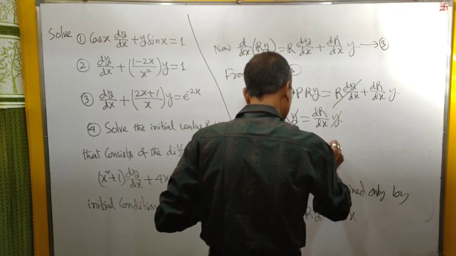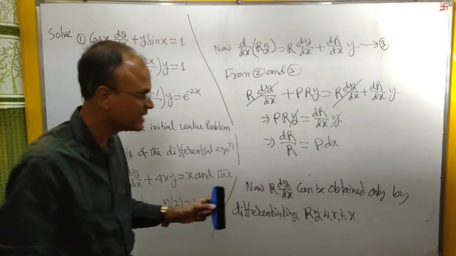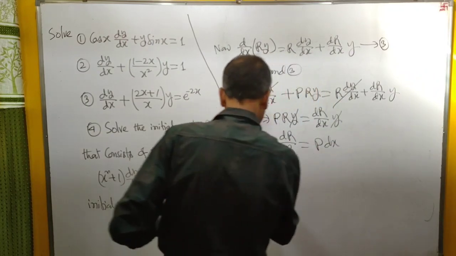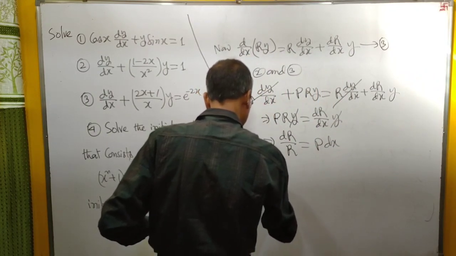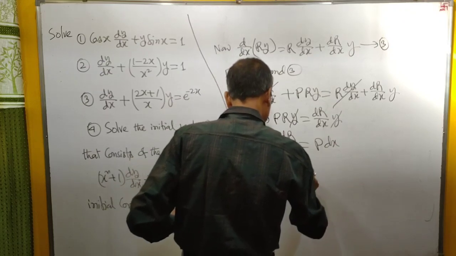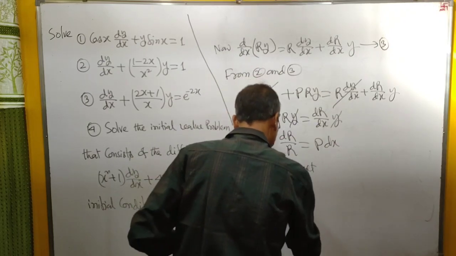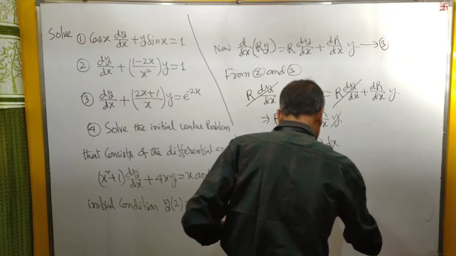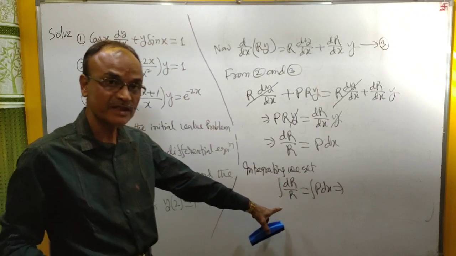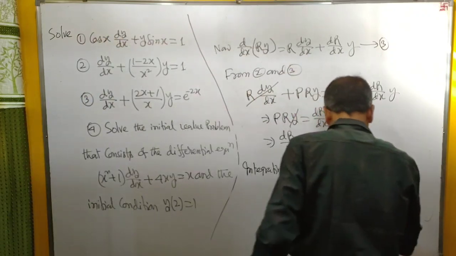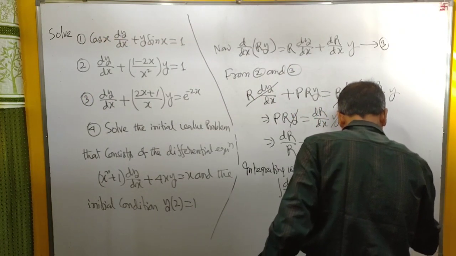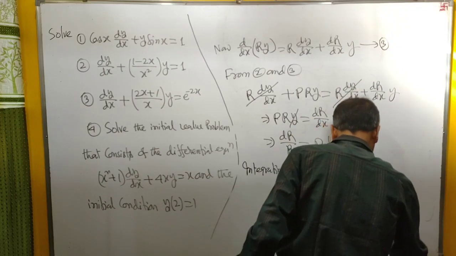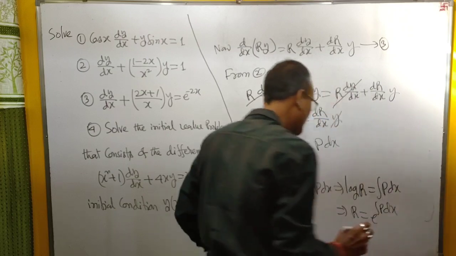Separate the variables: dr by r equals p dx. Now integrating, we get the integral of dr by r equal to the integral of p dx. This means log r equal to the integral of p dx, so r equals e to the power integral p dx.